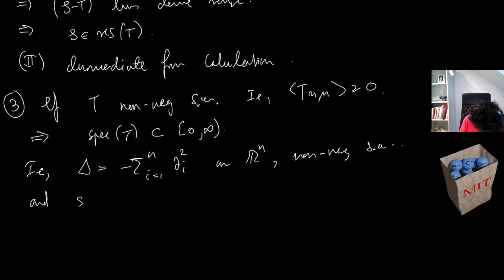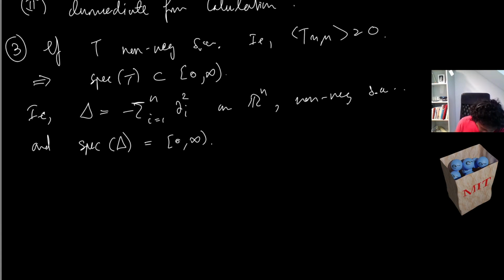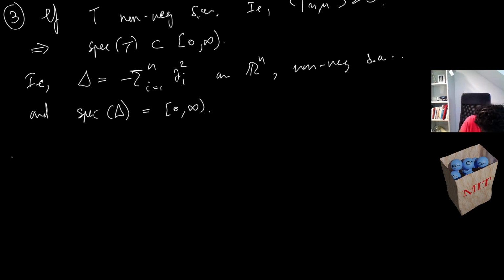The point is that the spectrum now of this is the real line. Okay, so it could really be that we don't have just point spectrum. But then this leads us to asking the following question. When do we have pure point spectrum?